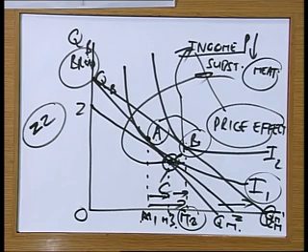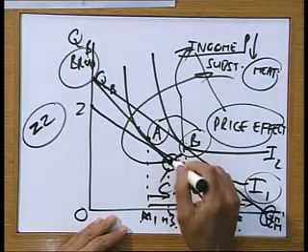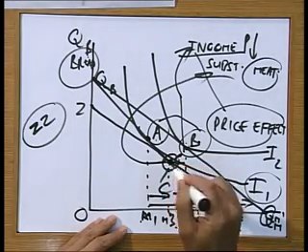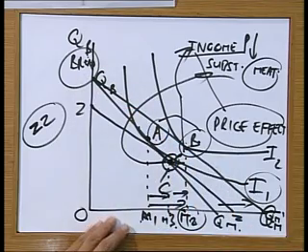Okay? And it cannot be because of the income effect, because in the case of the income effect, the slope remained the same and the price ratio remained the same, but at point C, the price of meat is relatively cheaper than bread.